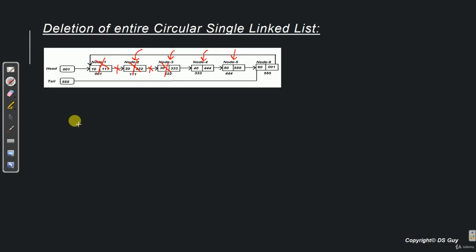Now let's see how the algorithm of this looks like. So the algorithm is extremely simple. The name of the method is deleteLinkedList. It takes head and tail references. Then it updates head with a null value, so this link here gets deleted. Then tail.next is equal to null. What is tail.next? It is this one, equal to null.